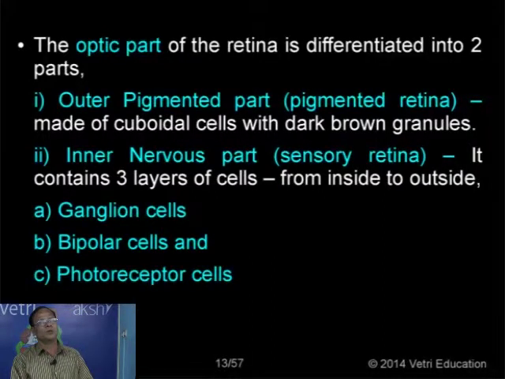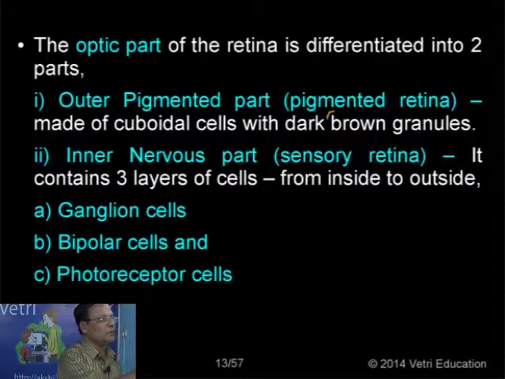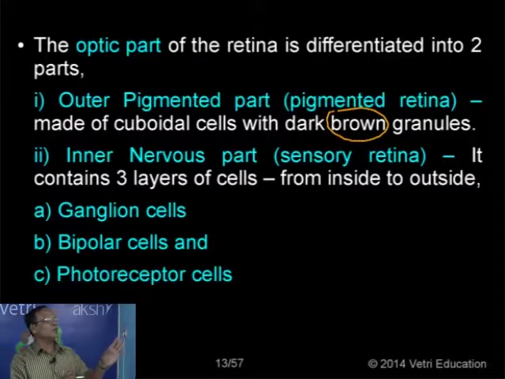One is the pigmented part, the pigmented retina, which is made up of cuboidal cells containing dense dark brown melanin granules. The outer pigmented part is made of cuboidal cells with dark brown granules. The inner part is the nervous part, also called the sensory part.